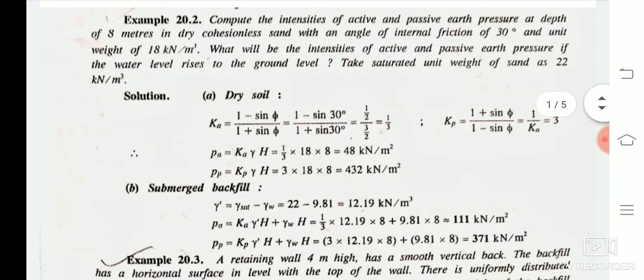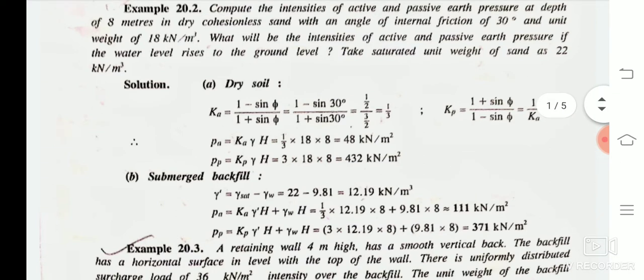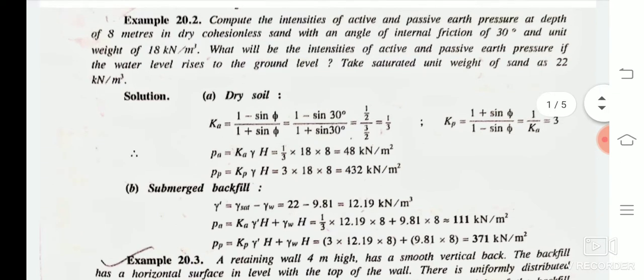So we have two types of soil. The first is the dry soil and the second is the submerged soil, when the soil is under the water table. So let us find the value of active and passive earth pressure for the dry soil.